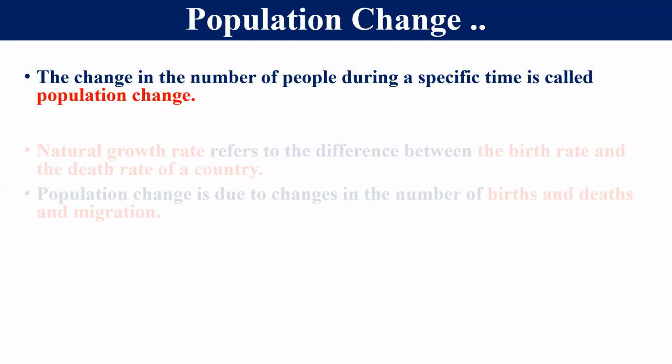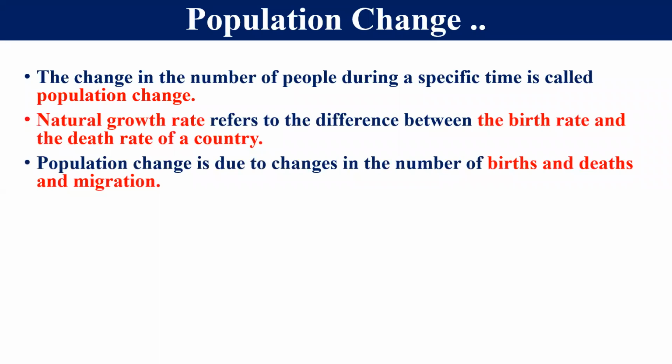So first of all, let's discuss what natural growth rate is. Natural growth rate refers to the difference between the birth rate and the death rate of a country. Remember this thing, birth rate would come first, then the death rate, because birth rate must be higher and death rate must be lower.